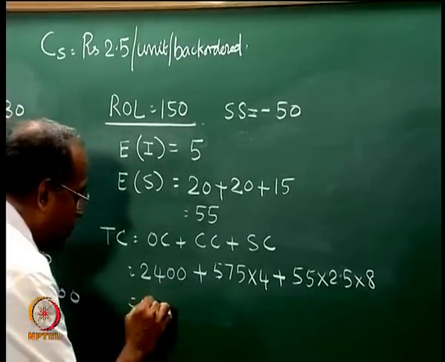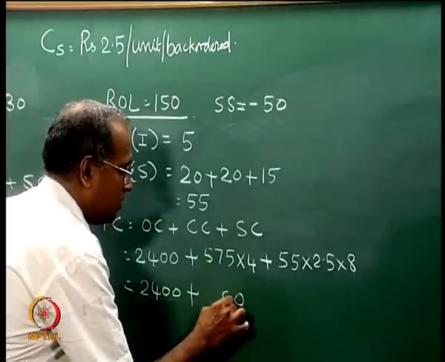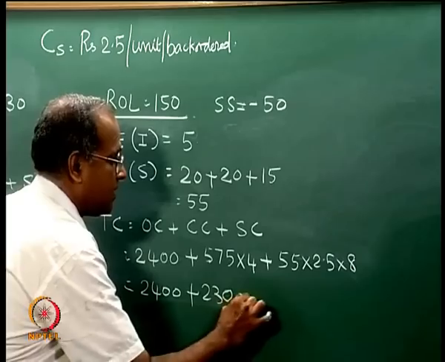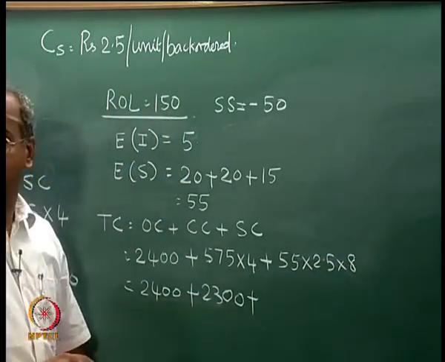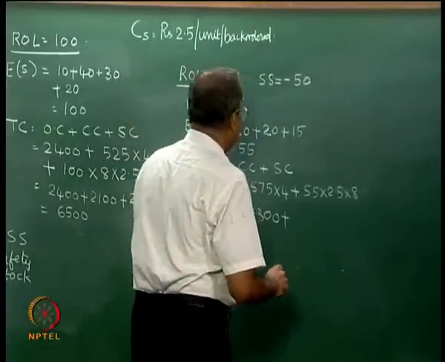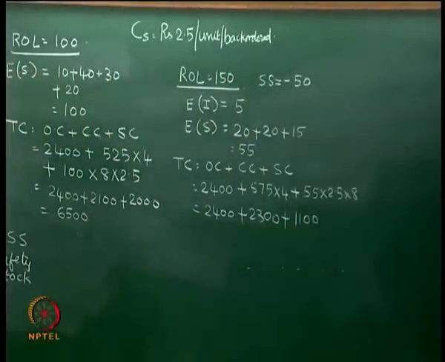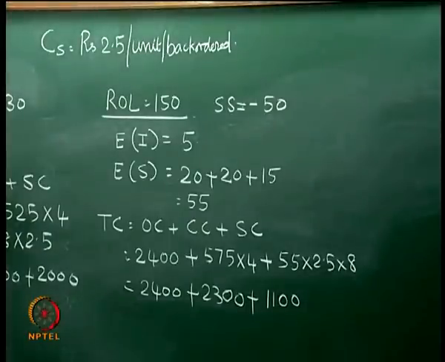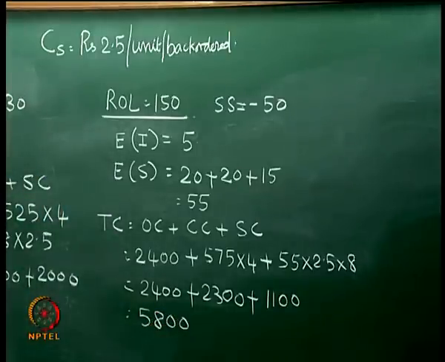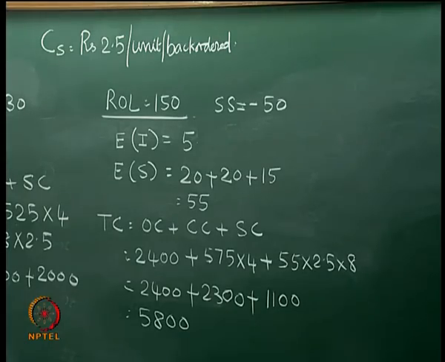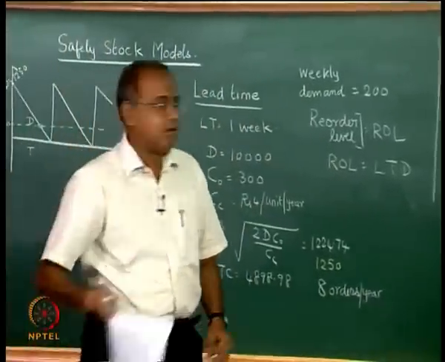So this would give us 2400 plus 575 into 4 is 2300 plus 2.5 into 8 is 20. So 55 into 20 is 1100. This is equal to 5800.